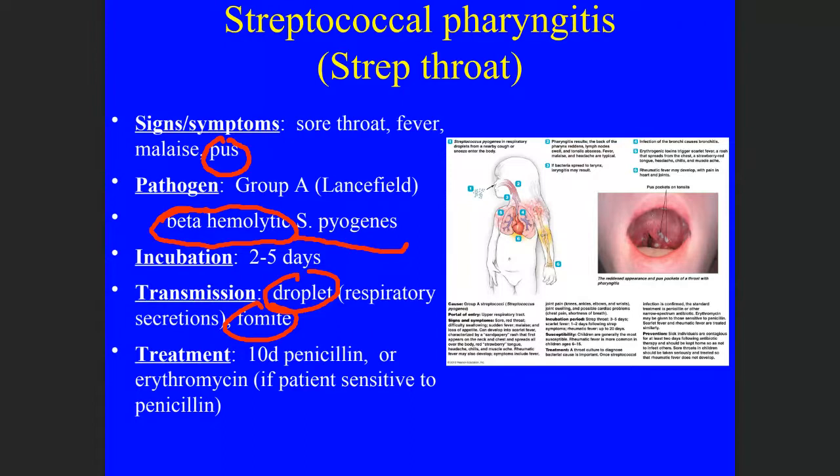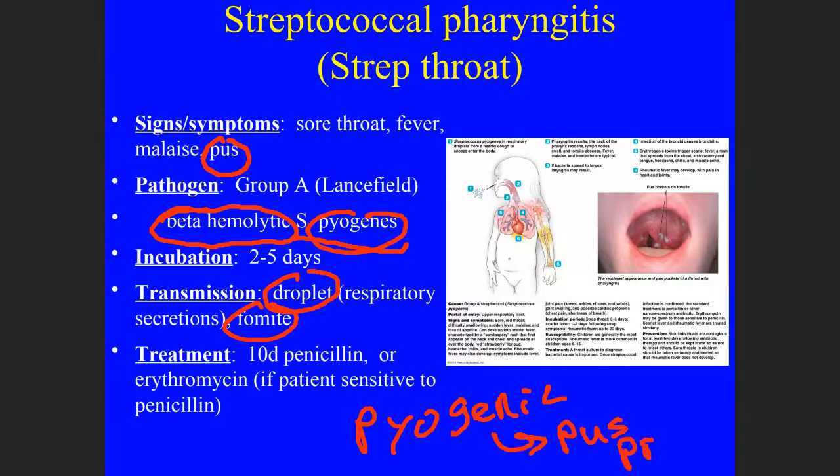The species name, pyogenes, comes from the word pyogenic, which basically means it's a pus producer. It produces pus, okay? The normal treatments for strep throat are 10 days of penicillin, or if a person's allergic to penicillin, they might be given 10 days of erythromycin.